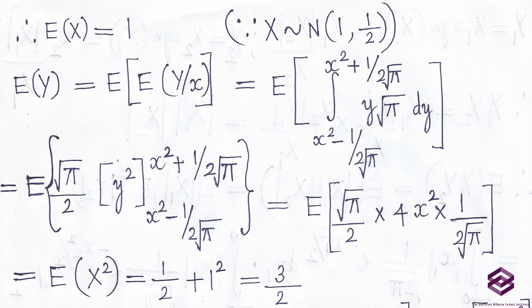What is expectation of X? We know that X is a normal random variable, so expectation of X is equal to 1.